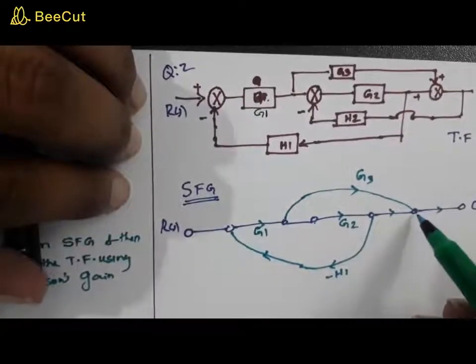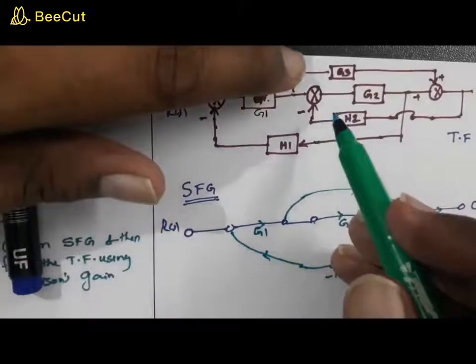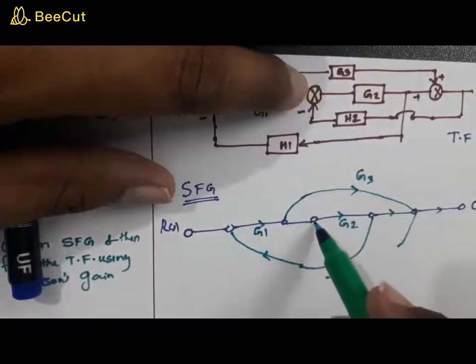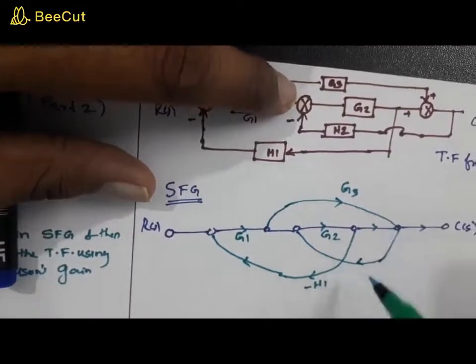So that means you can take this from this, and where it gets terminated, it's terminated at this sum just before G2, that is this point, right? So this is it, and you can represent that as minus H2.